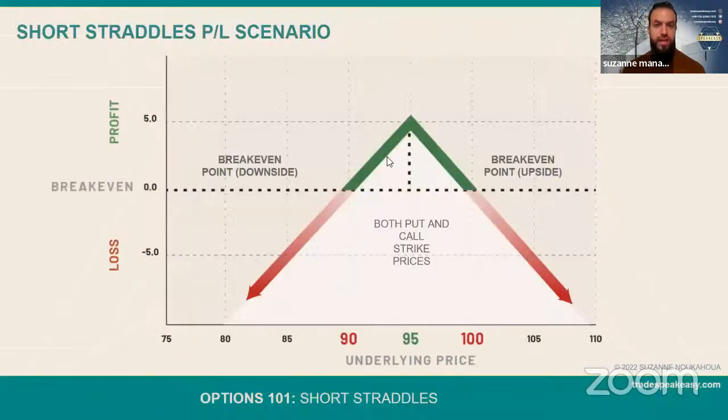All right. So today we're talking about the short straddle. And the problem with a short straddle is the exponential loss potential from putting on one of these strategies, right?